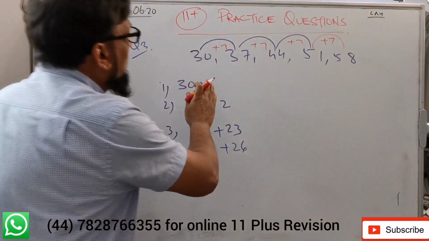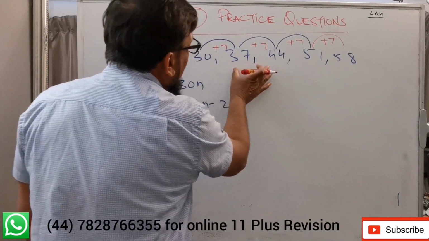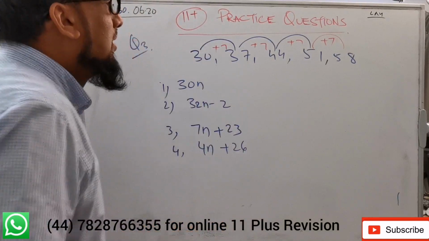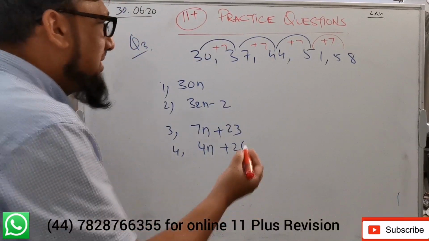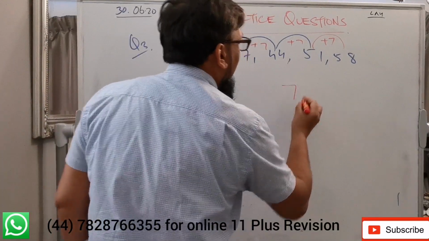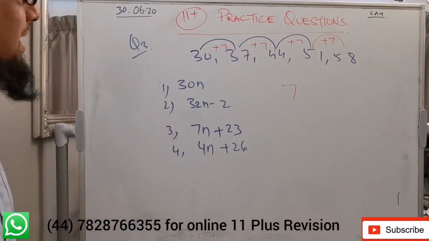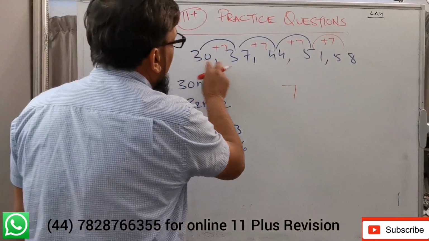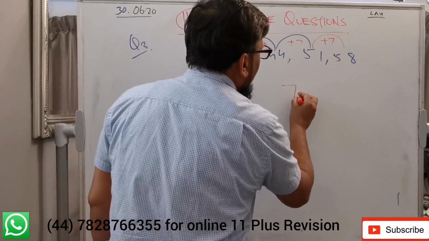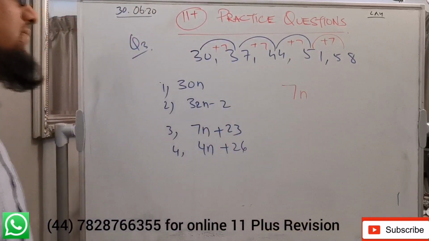We need to find the difference between two numbers, which is 7. So you can write down 7, and n is the term, so I can write down 7n.